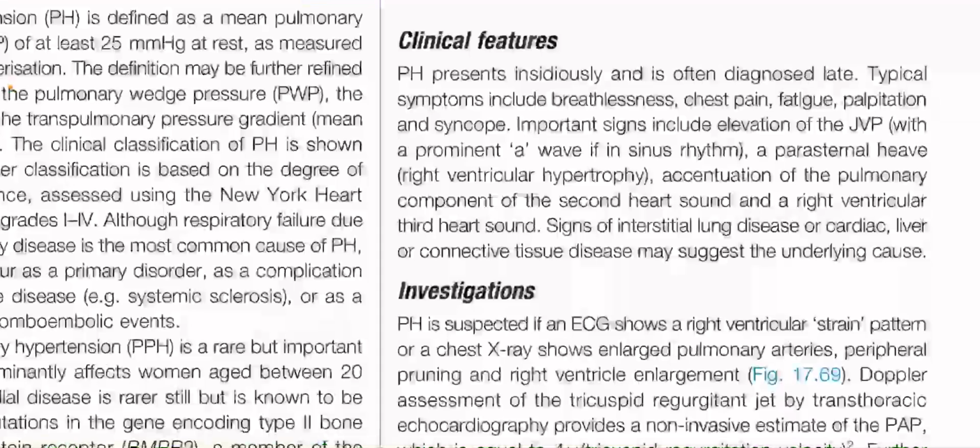Important signs include elevation of the JVP with a prominent A wave if in sinus rhythm, a parasternal heave, right ventricular hypertrophy, accentuation of the pulmonary component of the second heart sound, and a right ventricular third heart sound. Signs of interstitial lung disease or cardiac, liver, or connective tissue disease may suggest the underlying cause.